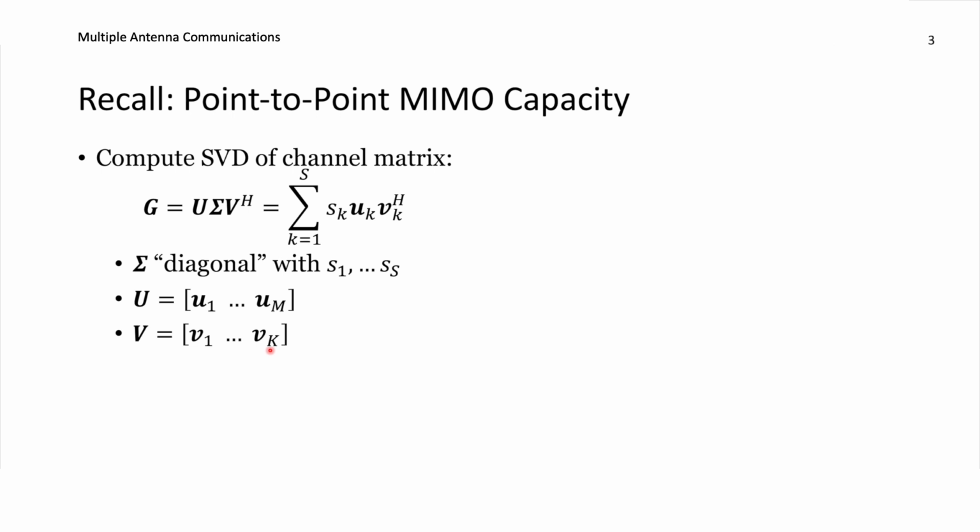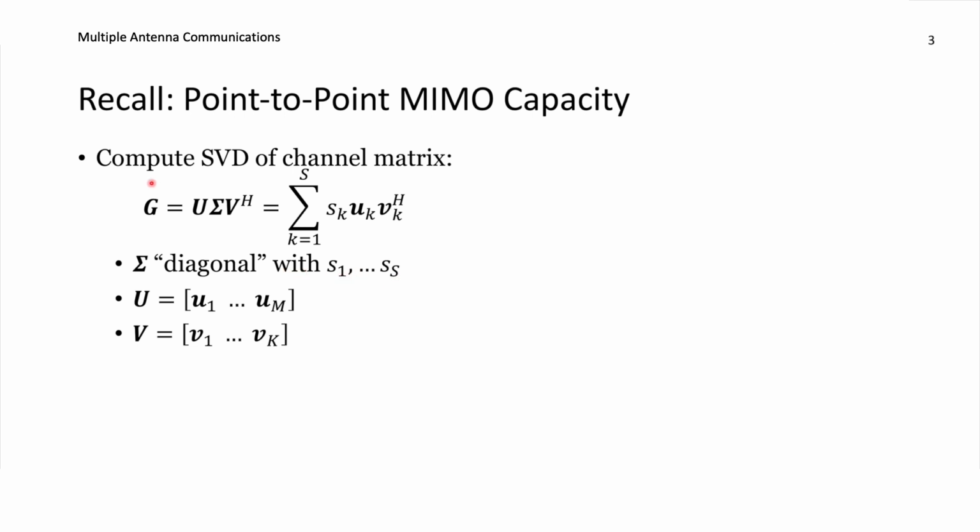In that way, we can divide the point-to-point MIMO channel into capital S different parallel channels, and each of them has a gain, S1 to S capital S, and these appear in the matrix sigma, which is a diagonal or rectangular matrix with these values on the main diagonal.